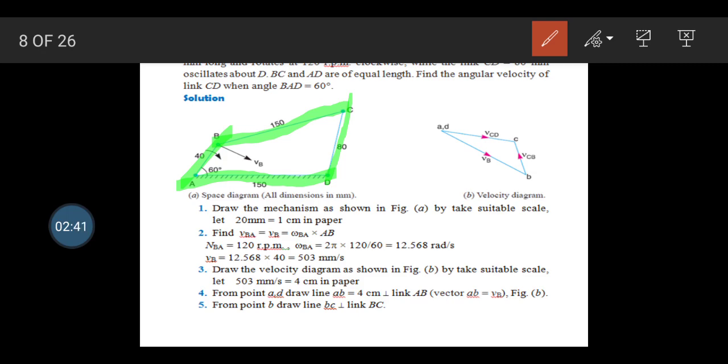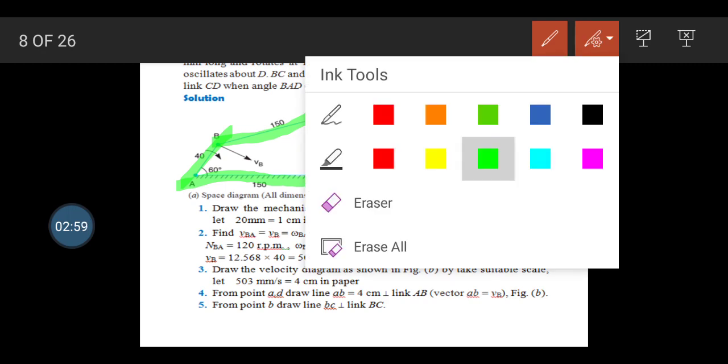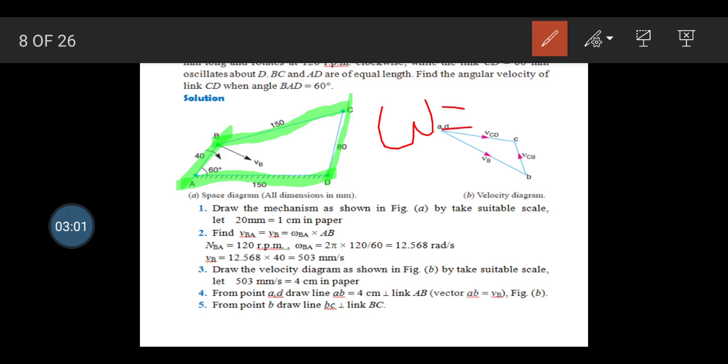Omega will be equivalent to 2 pi N divided by 60.